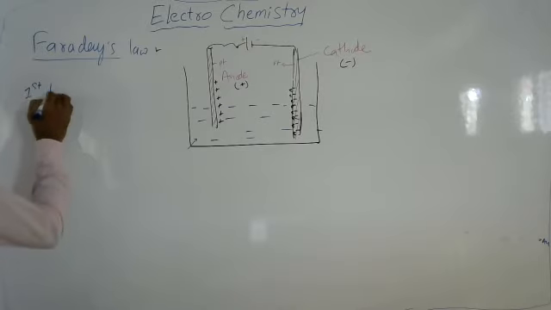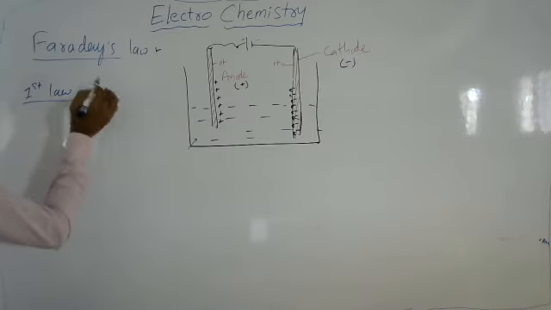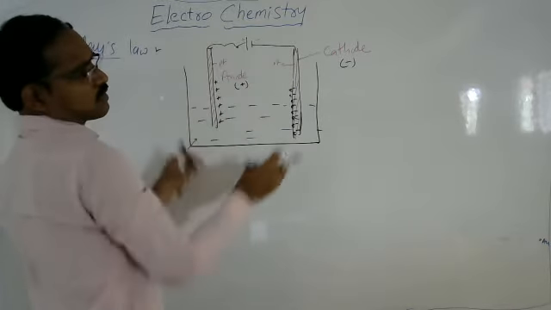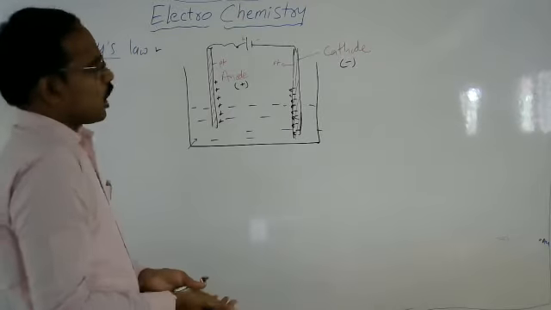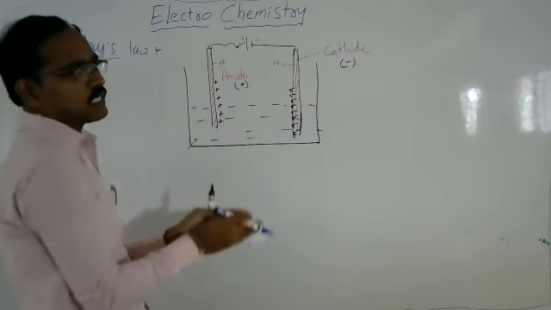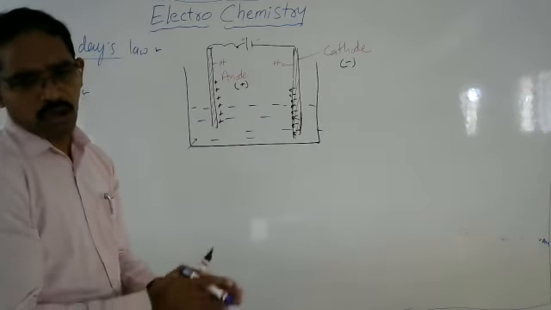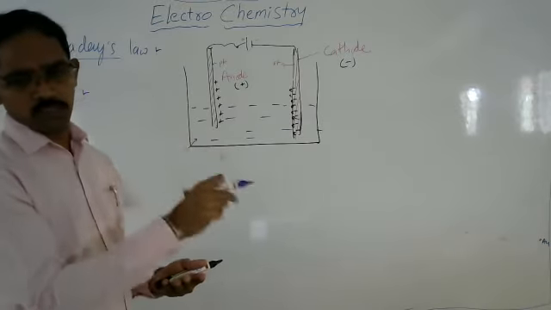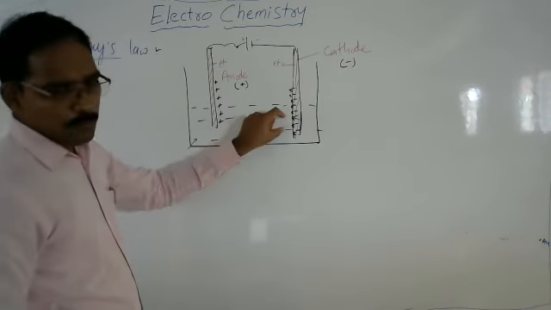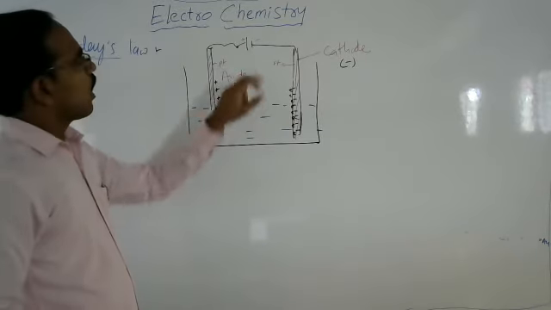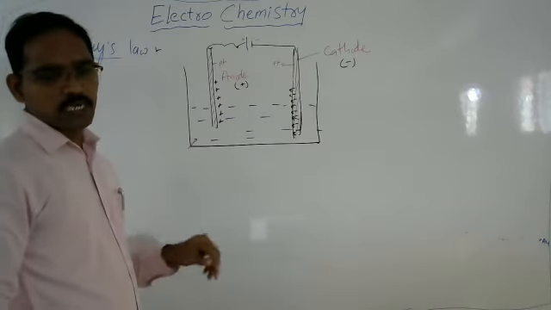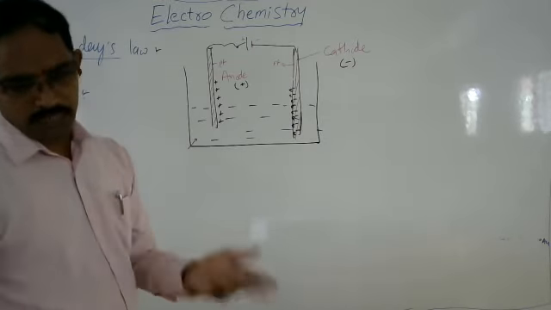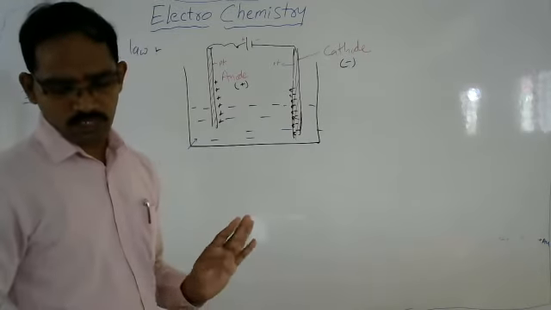The first law is, if you pass more electricity, more amount of substance will get deposited or evolved. For gases we say evolve, for solids we say deposition. The substance deposition is directly proportional to the electricity sent, how much charge you are sending. Electricity is nothing but the charge. That is the first.